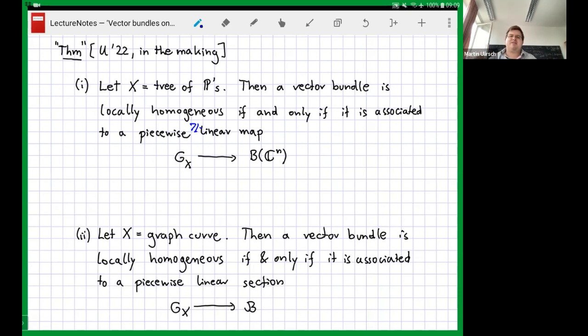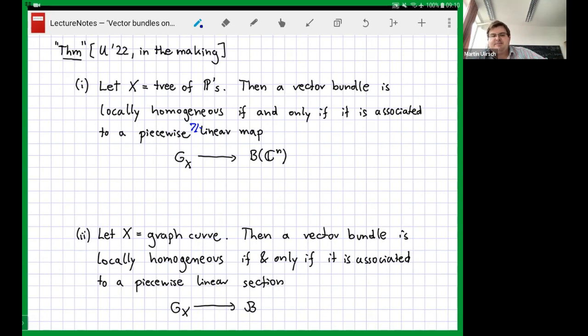And what I just said about the slopes is actually how these vector bundles are glued along a node. The fact that it is associated to a piecewise linear map to a Tits building means the gluing happens not with an arbitrary element in GL_N, but with an element in some torus of GL_N. So it's not something unipotent or whatever. It really is something in a torus of GL_N.